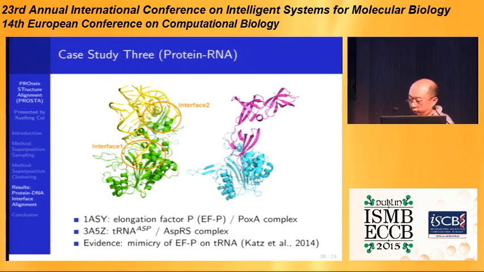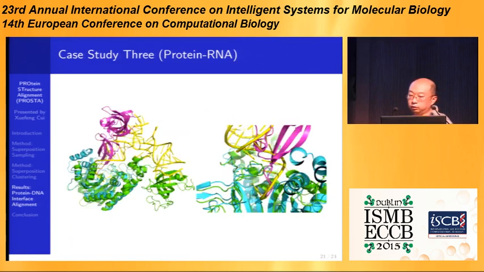So we try to compare these interfaces by using our method. We can see that we find the correct interface, and the RNA strand and the loop region of the protein structure are overlapping. So this suggests that we could find some similarity between these 2 interfaces.